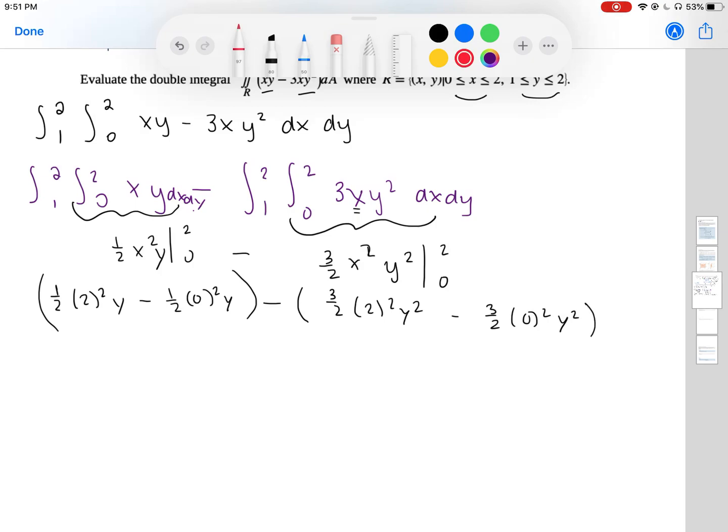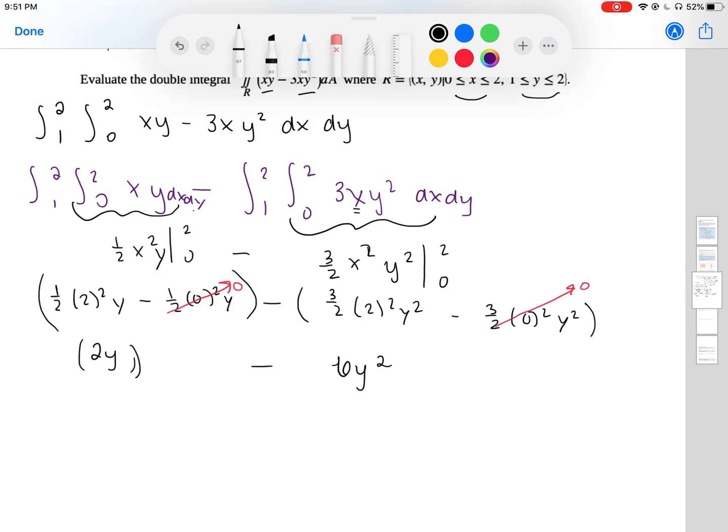The cool thing about those zeros is they add to make 0 because, well, they multiply to be 0. And then we have 2 squared is 4, 4 divided by 2 is 2, so we have 2y minus, 2 squared is 4, divided by 2 is 2, 3 times 2 is 6, 6y squared.